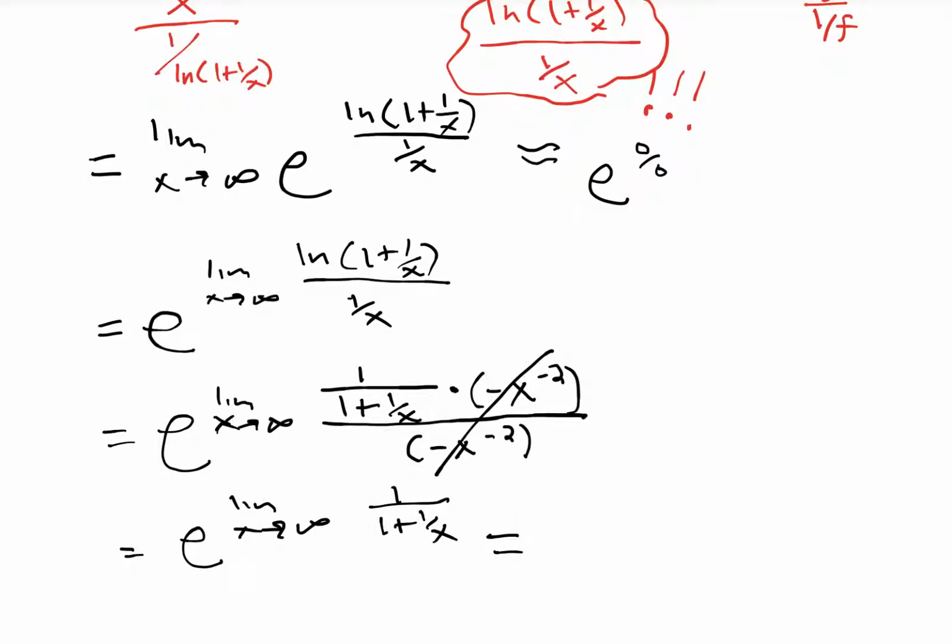I have got a limit of e to the 1 over 1. That simplifies to e to the 1, and the reason that I have mentioned that this is a famous limit in mathematics is because this is one of the standard ways that we get to derive the constant e. If anybody has any questions, please feel free to let me know.